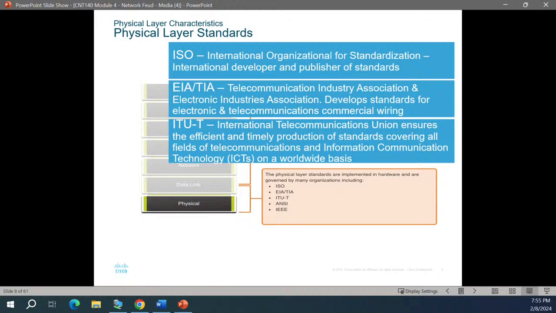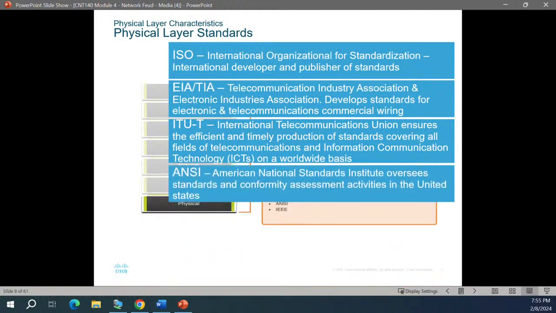Anyway, they're terrible. ANSI, the American National Standards Institute, oversees standards and conformity. If we didn't have standards, just imagine. A lot of you might be too young to have experienced this.